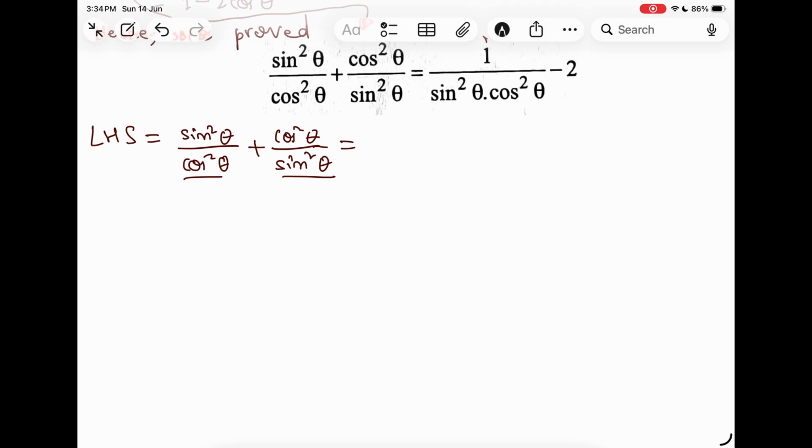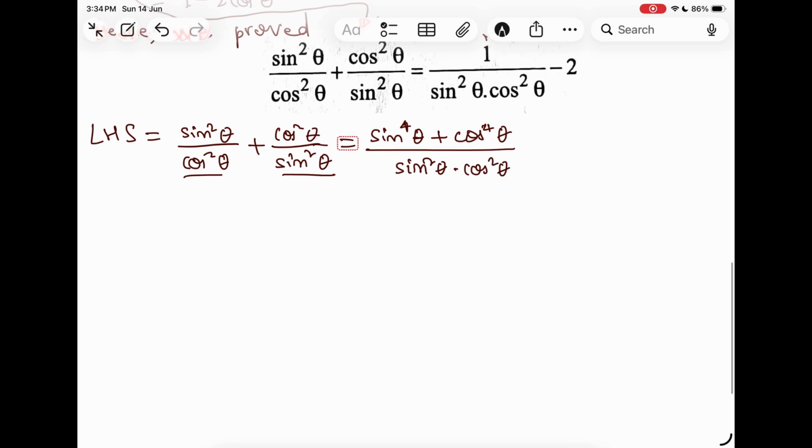Henceforth, it might be occurring to you that that clearly means that there are cancellations that are ought to happen in this question. Now multiplying it after taking the LCM, we have sine to the power 4 theta plus cos to the power 4 theta upon sine square theta multiplied by cos square theta.